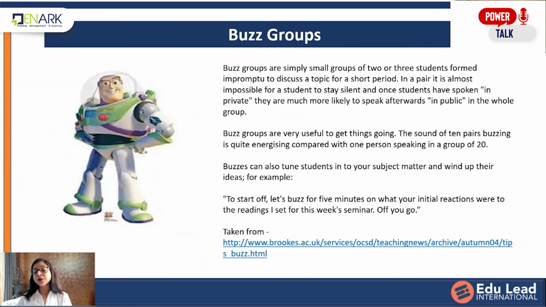Lastly, another good way of introducing differentiated instruction in your class is, whenever you have asked the children to do something or think about something, you can quickly tell them to get into their buzz groups. Now, what are buzz groups? Buzz groups are getting together as partners, people who are sitting close to each other, or getting into a group of 3 and discussing it quickly. That's known as buzzing.